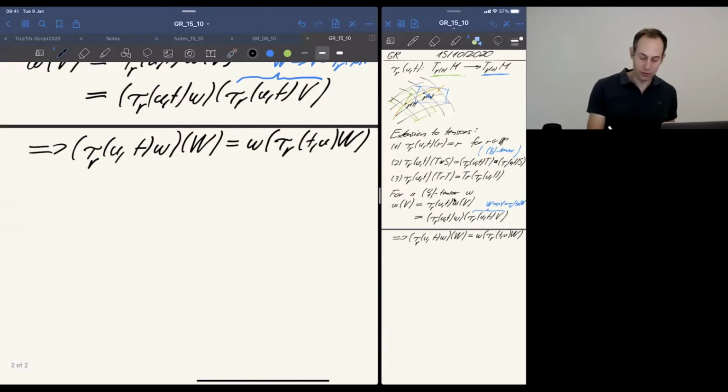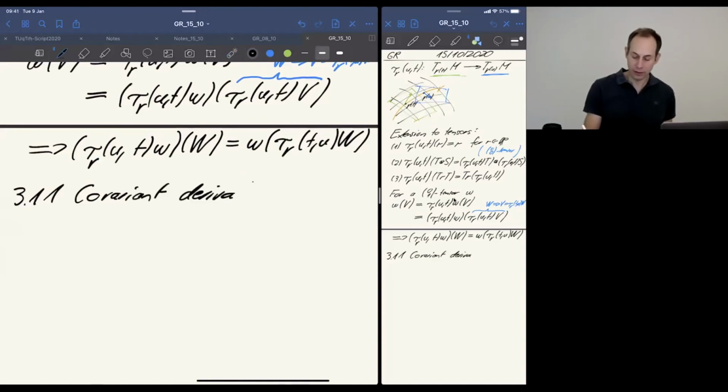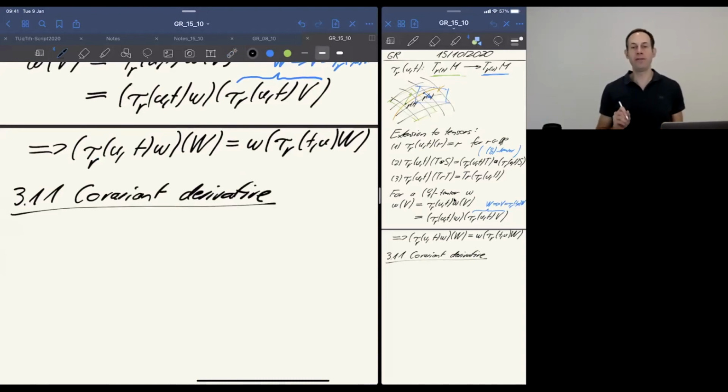But we now come to a new chapter which introduces a concept which is again a kind of derivative, namely the covariant derivative. And I will at several places point out the differences to the Lie derivative that we already learned.